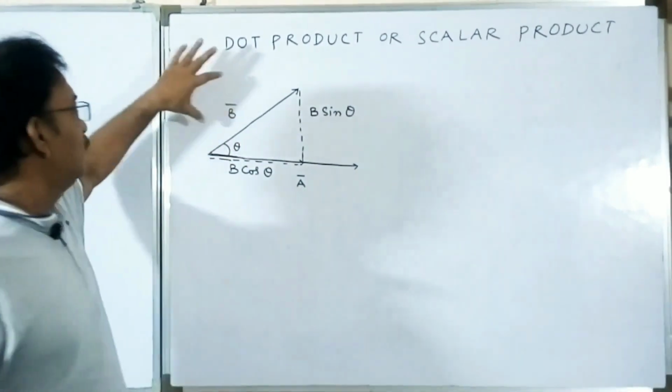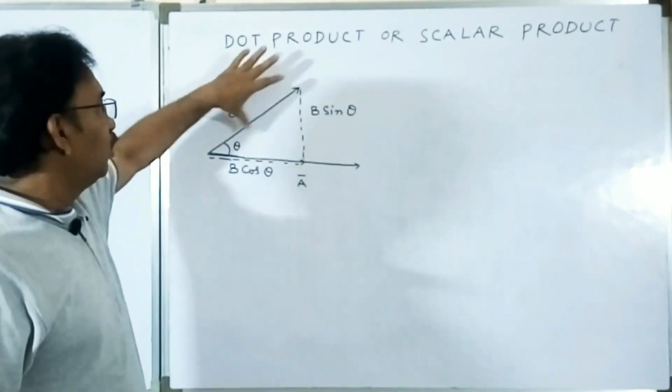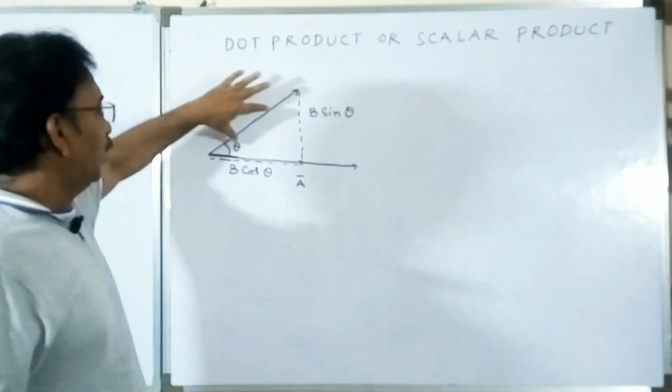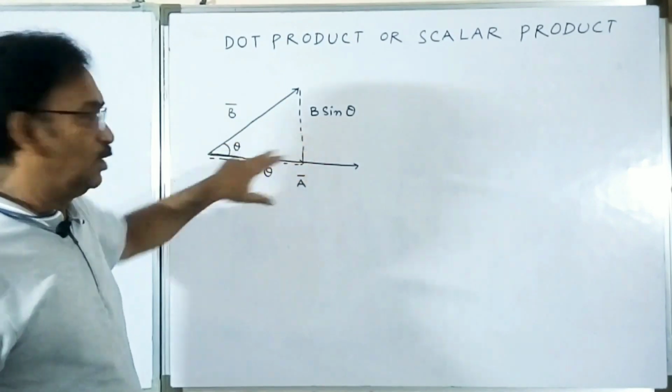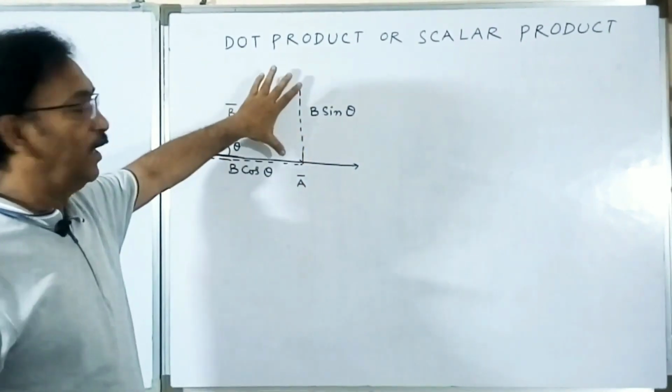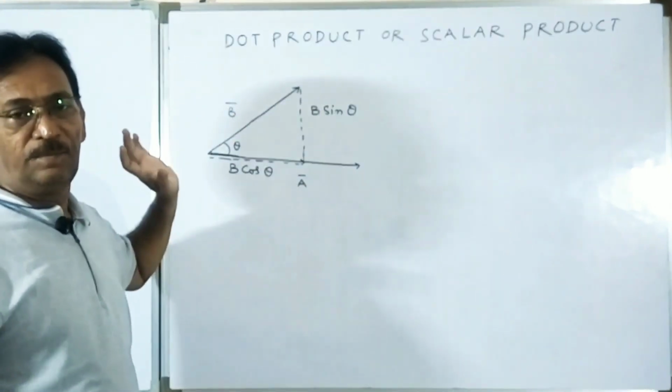See, this vector B is resolved into two components. Along the x-axis it is B cos theta, and along y it is B sine theta.